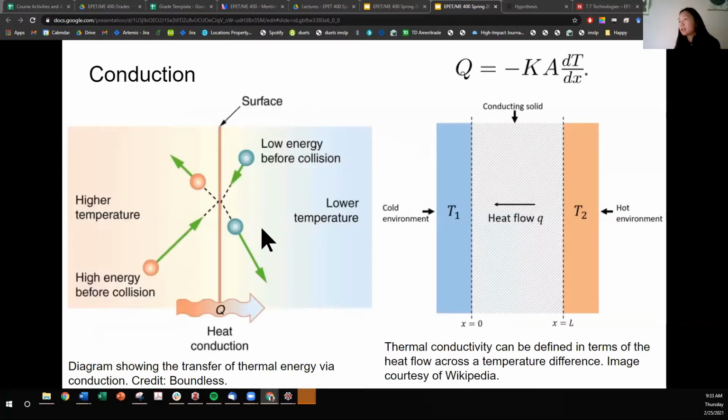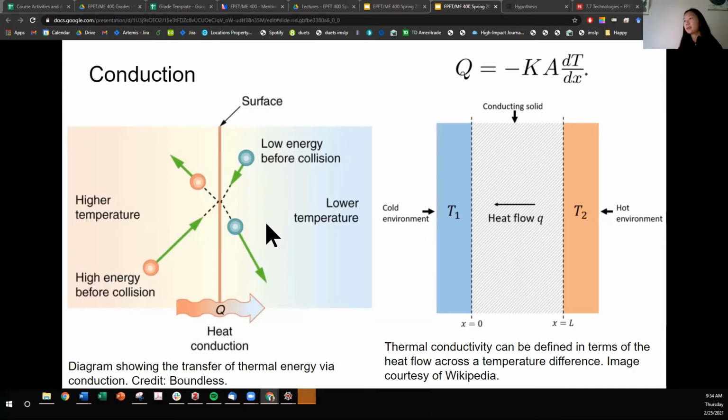Conduction is, remember when we were talking about the kinetic particle theory, how temperature can be measured in thermal energy due to the vibration, the energy of the microscopic particles that this bulk material is made out of.